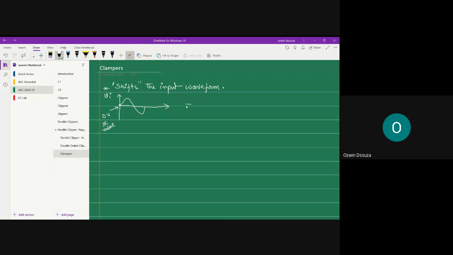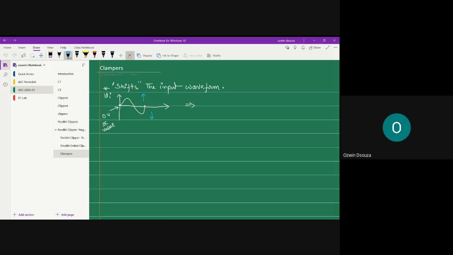But sometimes in analog electronic circuits, or rather in practical applications, it's desirable to shift the waveform. One can shift the waveform either in the positive direction, above the reference axis, or in the negative direction, below the reference axis.